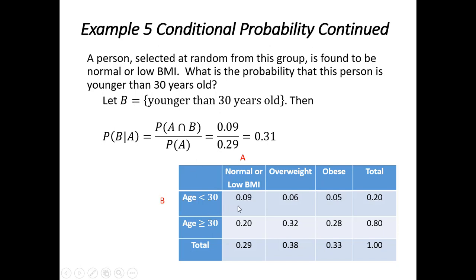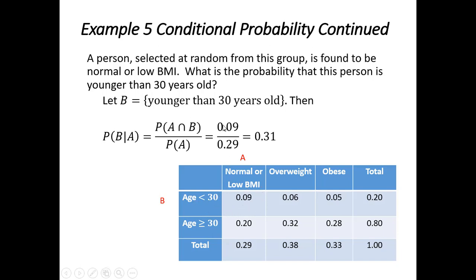So our formula for conditional probability, right? The probability B given A is equal to the probability of A intersect B over the probability of A. So A intersect B would be this value right here, 0.09, right? These are the people that have a normal or low BMI and they have an age less than 30.